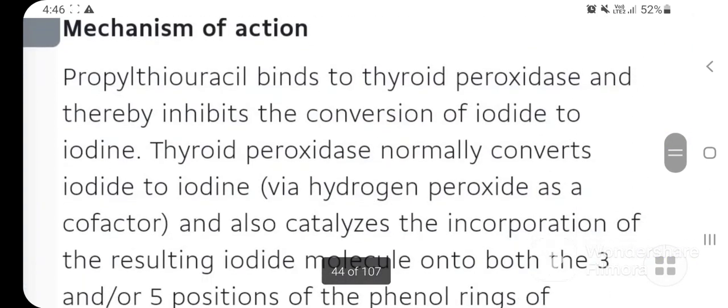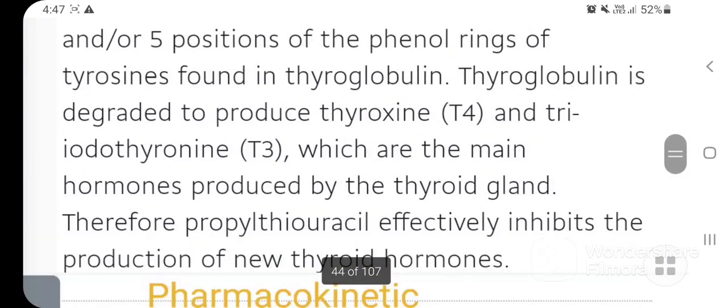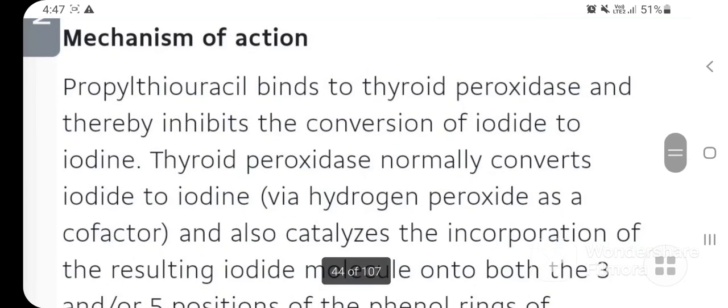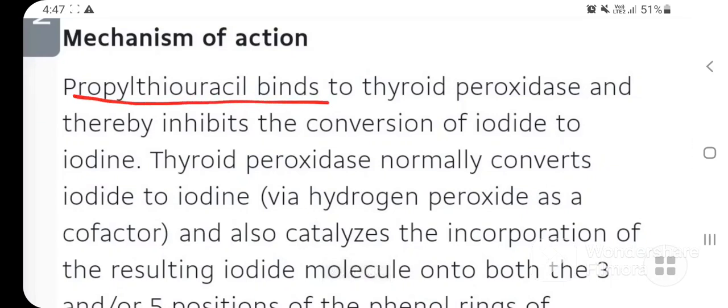Then mechanism of action, simple mechanism of action of these thiouracil or the anti-thyroid drugs. See, propylthiouracil, what they will do, simply they bind to thyroid peroxidase and thereby inhibit the conversion of iodide to iodine.